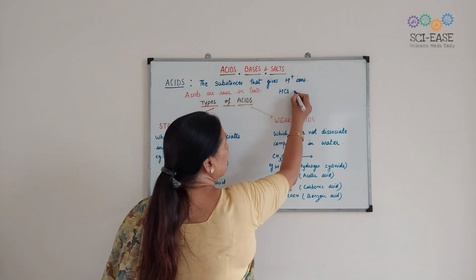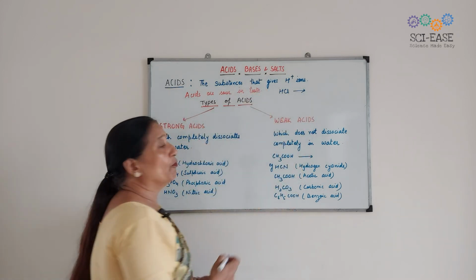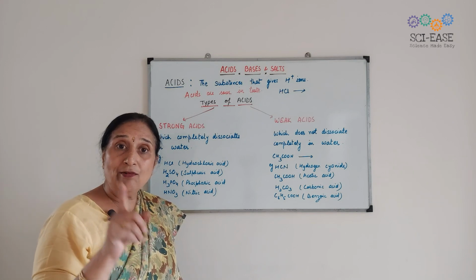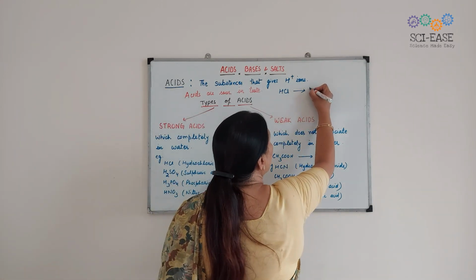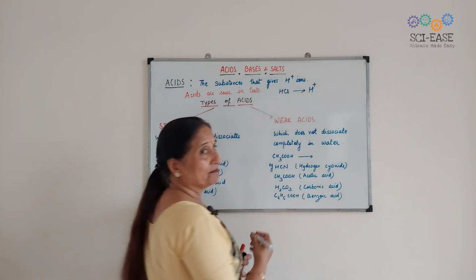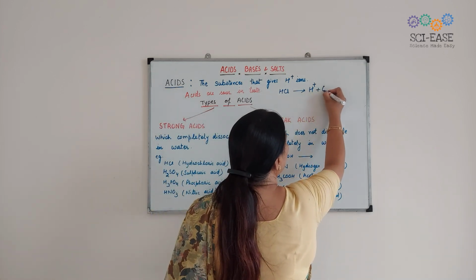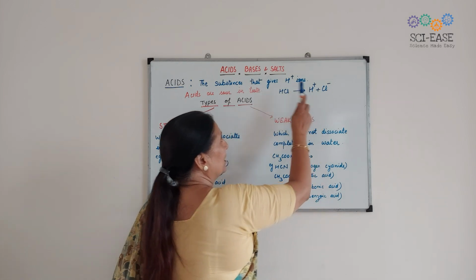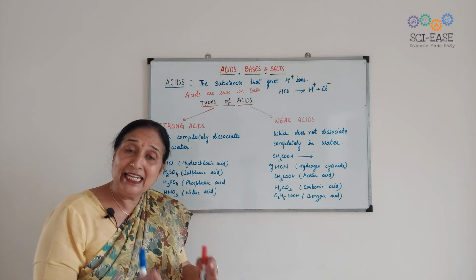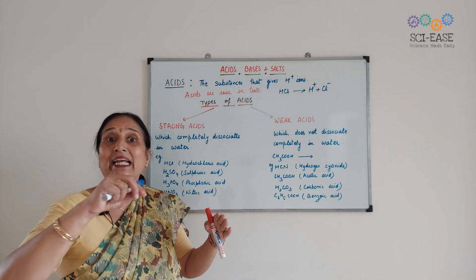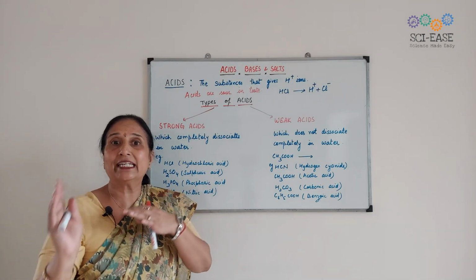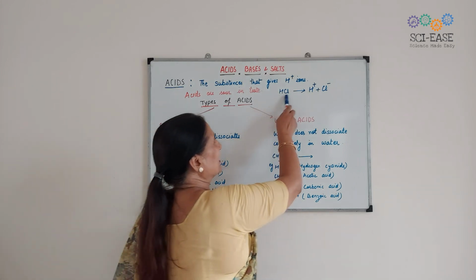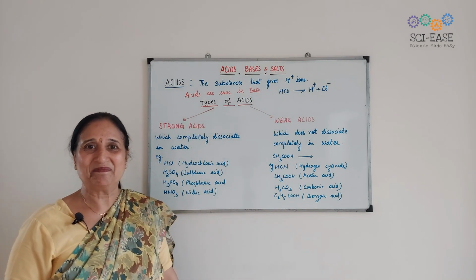When we dissolve HCl in water, this will give H positive ion plus Cl negative ion. When any substance is dissolved in water and gives H positive ion, then this is an acid. So we will call HCl an acid.